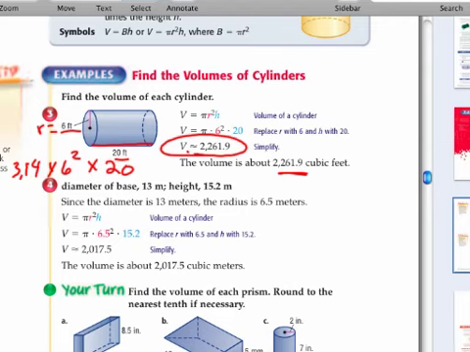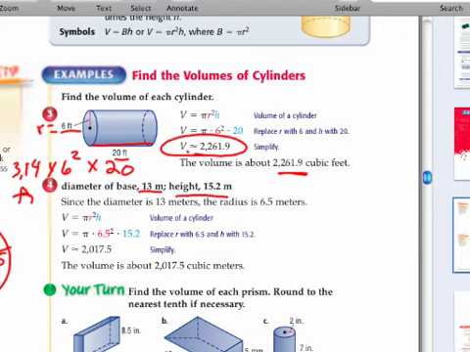Number 4 says, let's say we've got a base diameter of 13 meters, and the height is 15.2. We don't have a drawing, but we don't need a drawing, because we know that we're talking about a cylinder here, and we know that the diameter is 13 meters. So let's make our own. We know that all the way across the circle is 13 meters. But we don't want all the way across, we want halfway, we want the radius, and that would be 6.5.